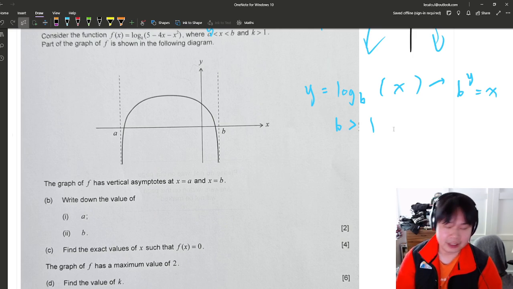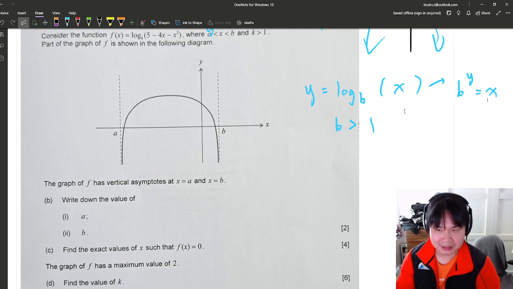It has to be greater than 1. It cannot be equal to 1, because that means that you're just taking 1 to the power of something. And we know that x is always going to be 1, because your base is 1. So we don't need to really consider when the base is 1.